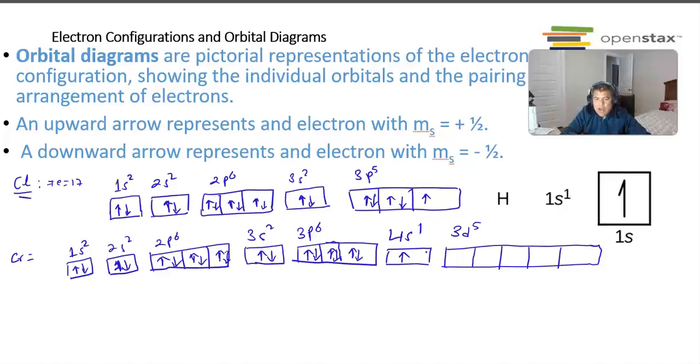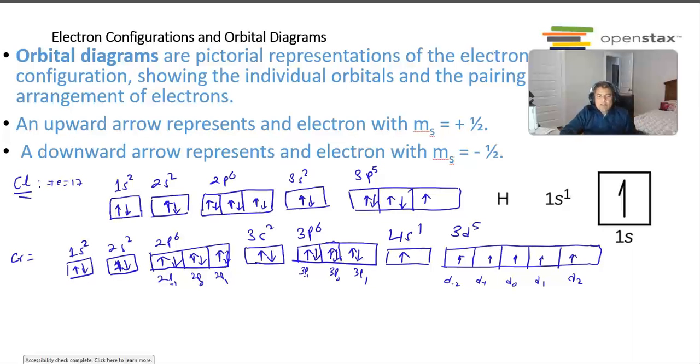This is d minus 2, this is d minus 1, this is d0, this is d1, this is d2. That's why 5. Similarly, 3p has minus 1, 0 and 1, and 2p has minus 1, 0 and 1. So look at that, 3d5, 1, 2, 3, 4, 5, I've filled, done.